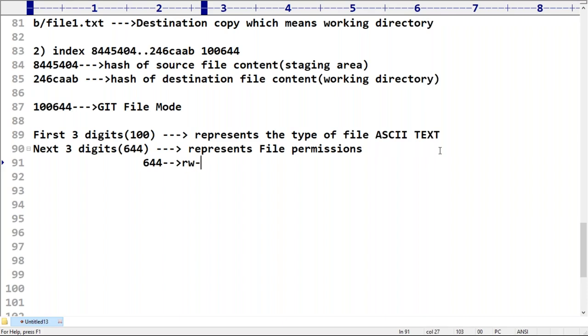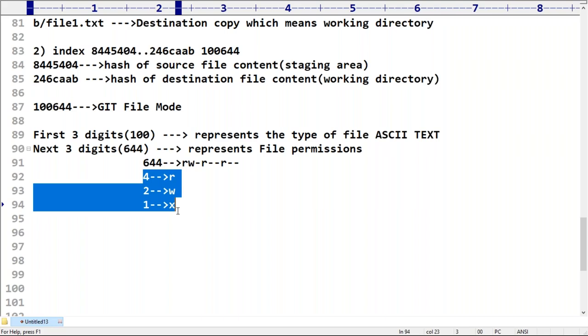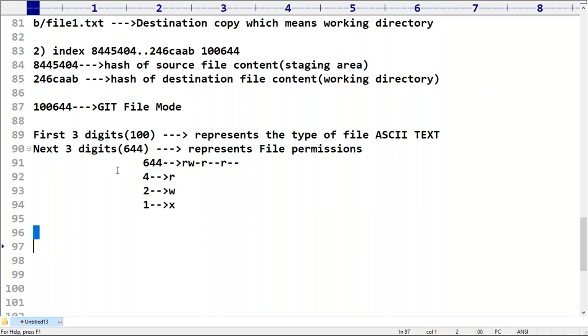Here take very special care: 4 means read, 2 means write, 1 means execute. Somewhere we covered these things in our Linux sessions. You should be aware of that.